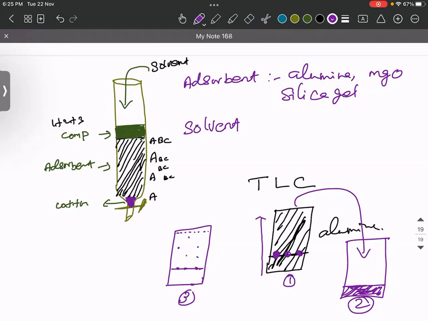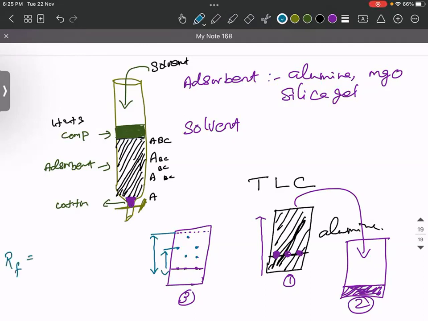So look at the spots: 1, 2, 3, 4, 5 spots. The first spot goes up to this level, whereas the solvent runs to this level. So you have to measure the distance between these two and these two. You can find out the retention factor.